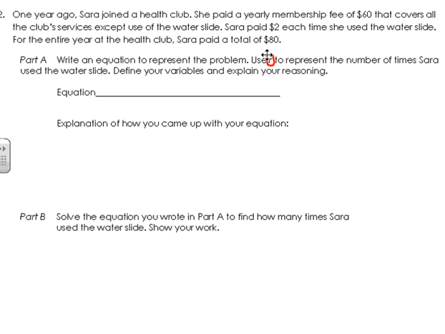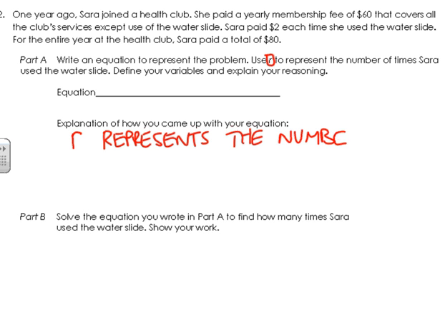To define our variables, that's part of the explanation. We're just going to say R represents the number of times Sarah used the water slide.